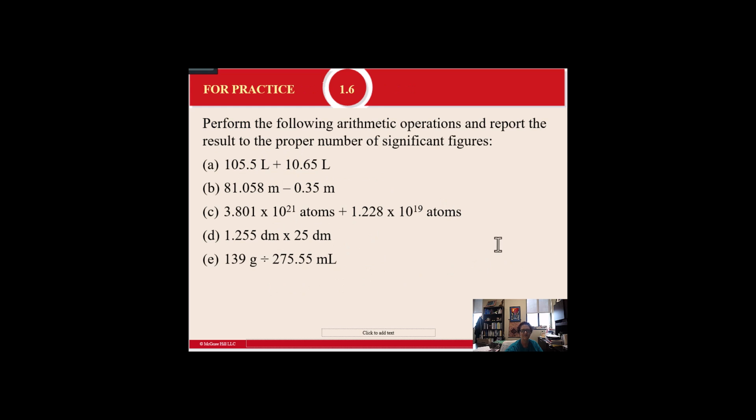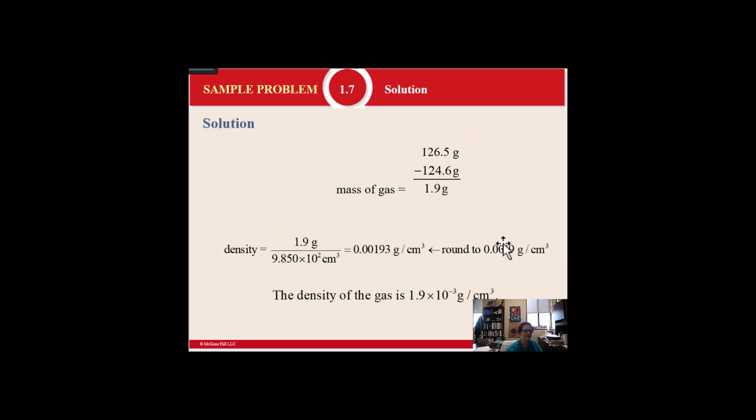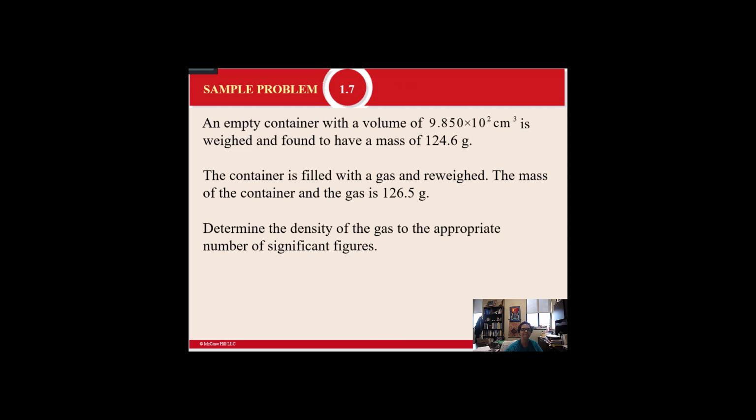Here's some for you to try for practice. In this one, we have a volume of 9.850 times 10 to the second cubic centimeters. The flask is weighed, and it has 124.6 grams.